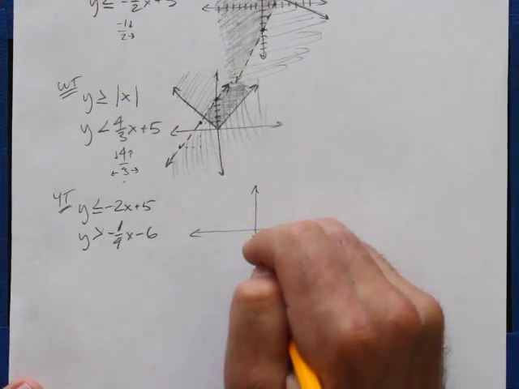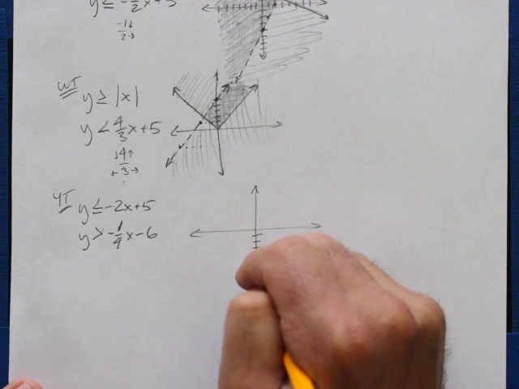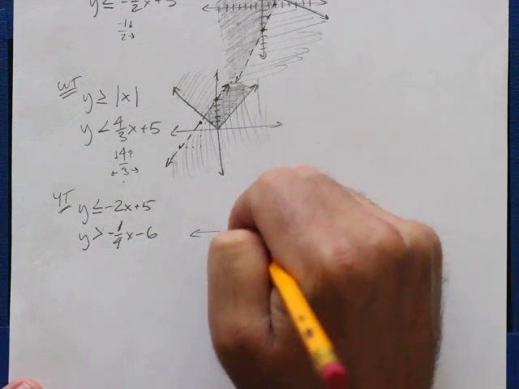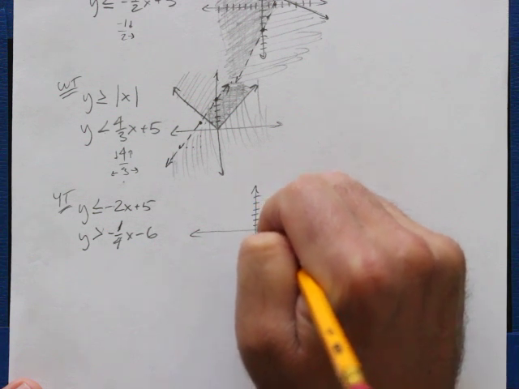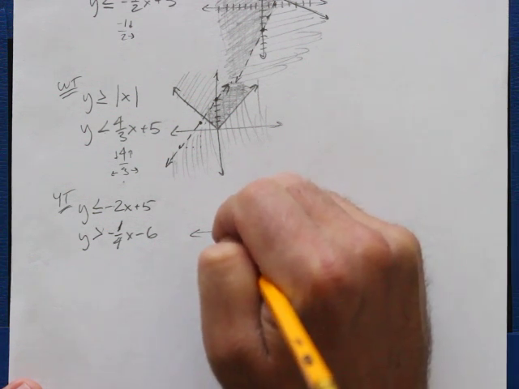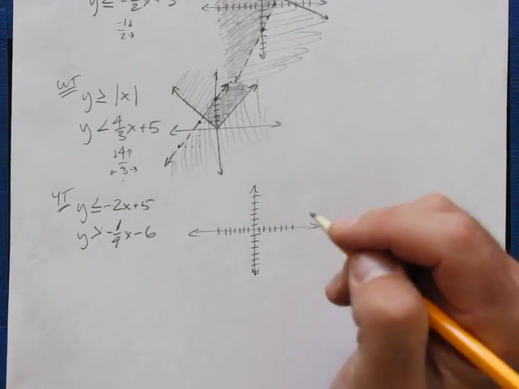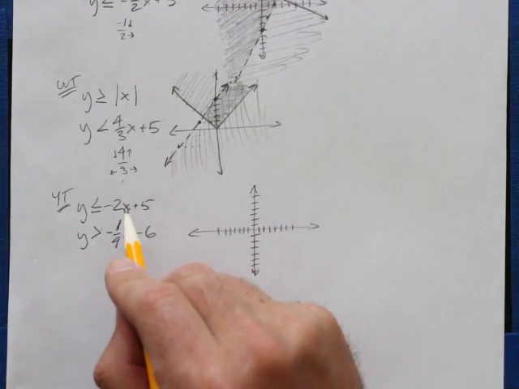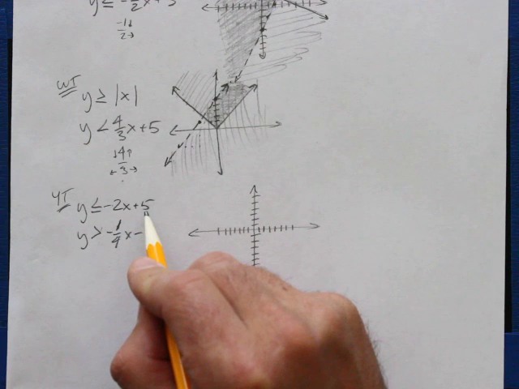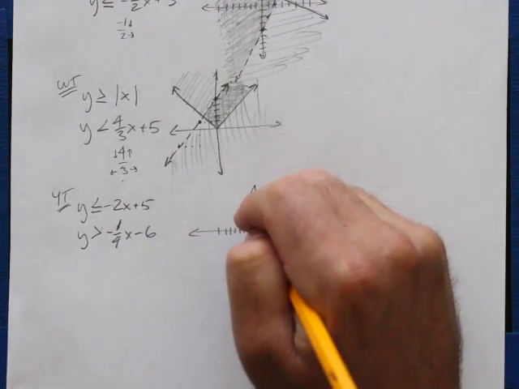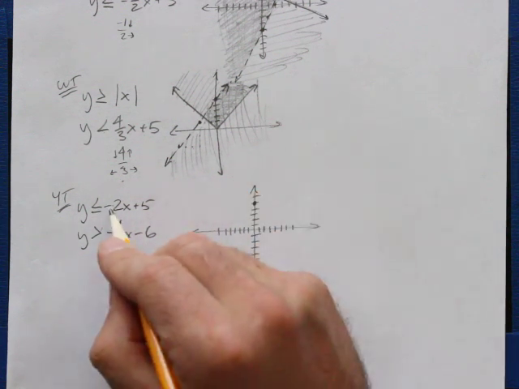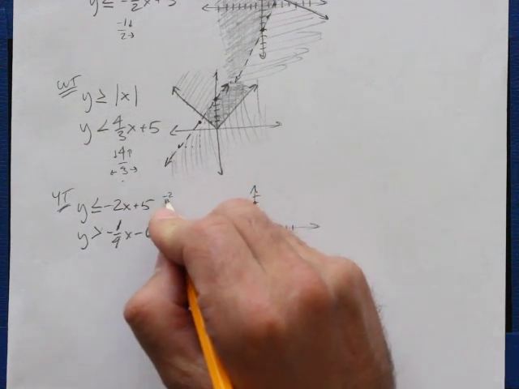So I'm going to go 1, 2, 3, 4, 5, 6, 7. 1, 2, 3, 4, 5, 6. So this top inequality, I'm going to go up 5. There's my y-intercept. Negative 2 is my slope.